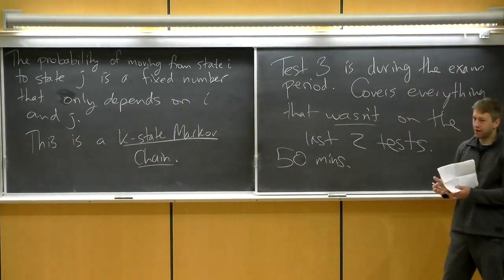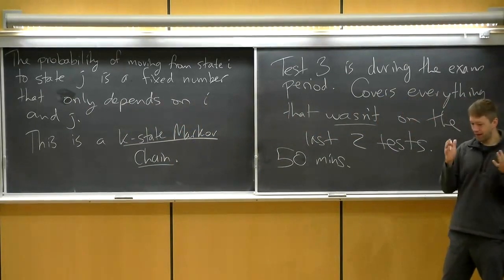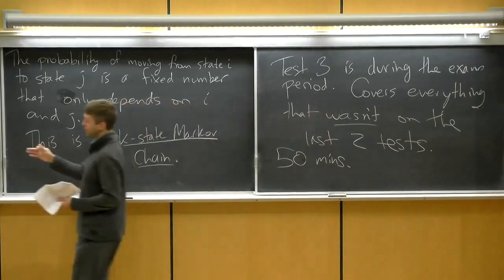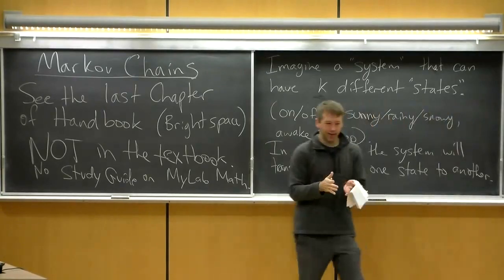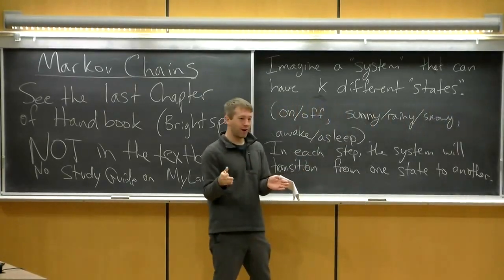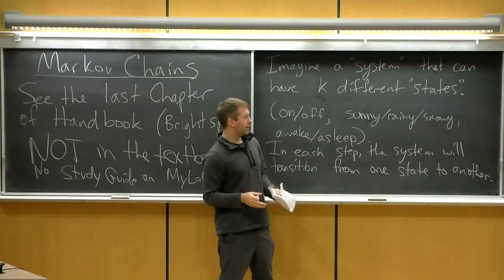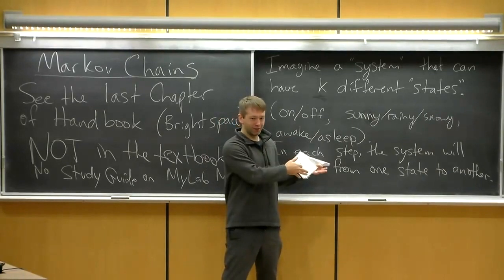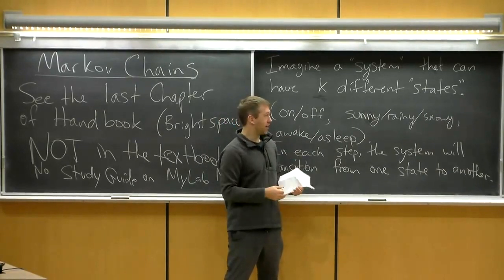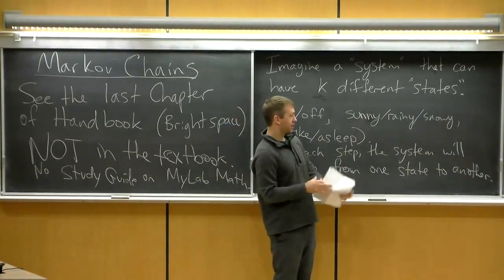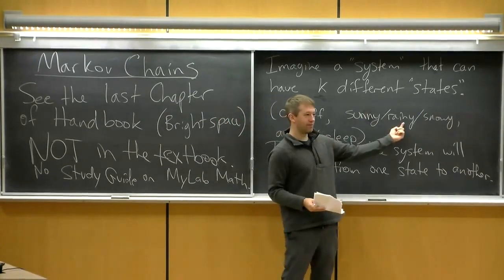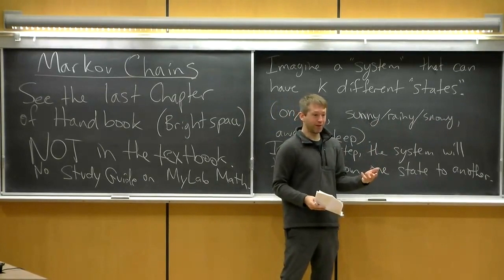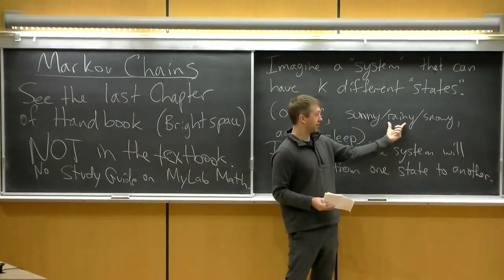So the concept here is, if we're doing this weather example, if it's sunny today, the probability that tomorrow is rainy, we think of that as not depending on the previous history of the weather. Maybe on every sunny day, the next day is rainy with probability 40% or 20% or something.